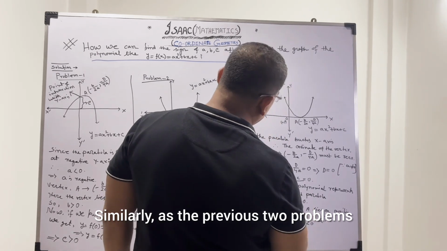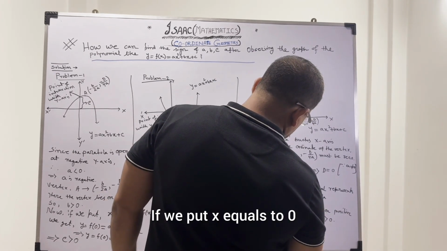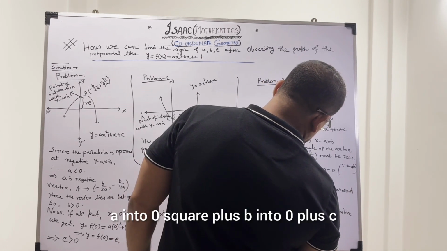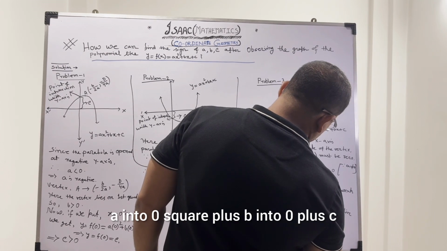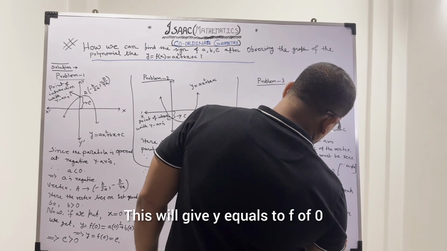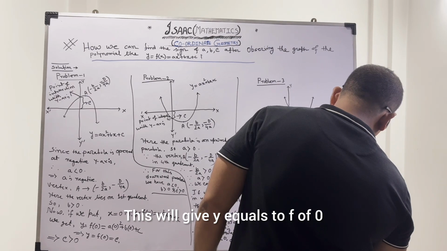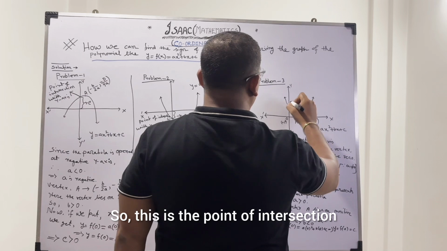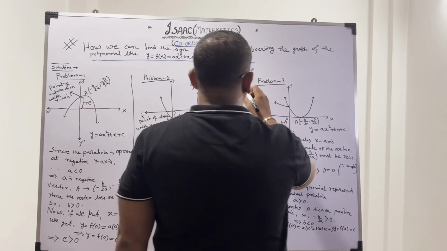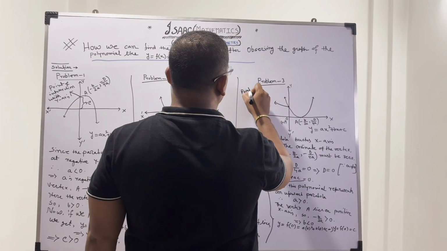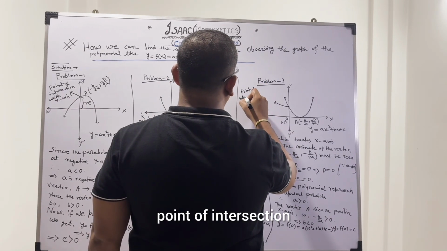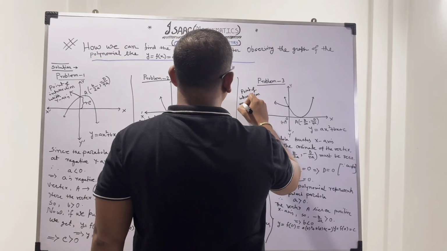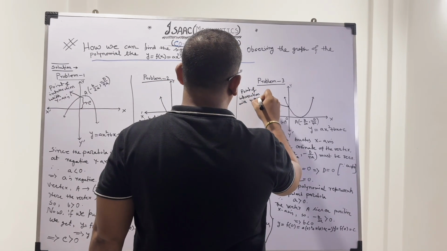Similarly, as in the previous two problems, if we put x equals to 0, then we have y equals to f of 0 equals to a into 0 square plus b into 0 plus c. This will give y equals to f of 0 equals to c. So this is the point of intersection with the y-axis.